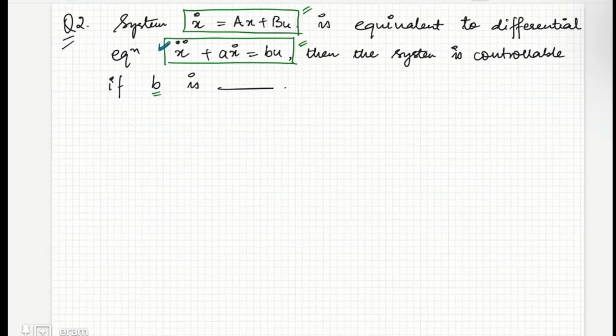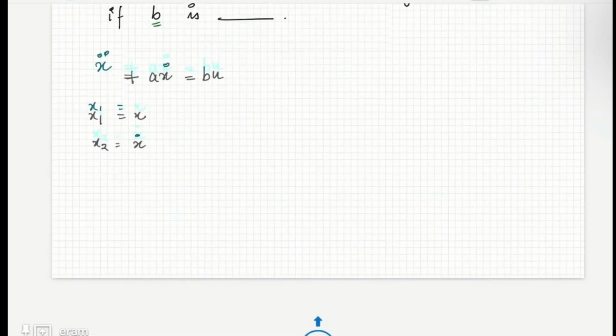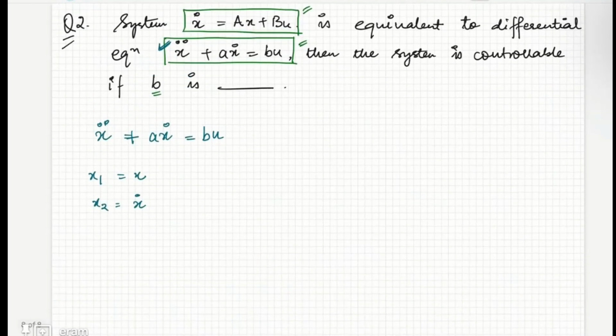Let's convert this differential equation, x double dot plus a x dot equals bu. So let's consider x1 as the variable x and x2 as the variable x dot. Then we can write the system as x1 dot is x2 and x2 dot will be minus a x2 plus bu.